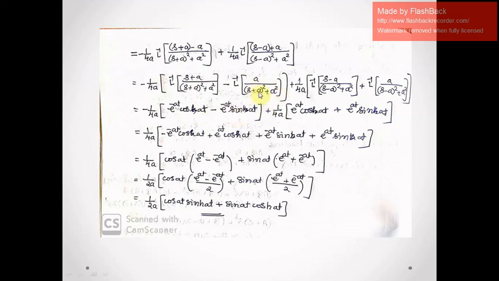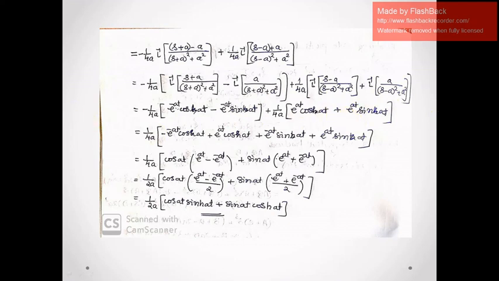There is a shifting of plus a from here, so it is e power minus at. Plus 1 by 4a, s by s square plus a square, that is cos at, minus a gives me e power plus at. A by s square plus a square, that is sin at, with e power at.